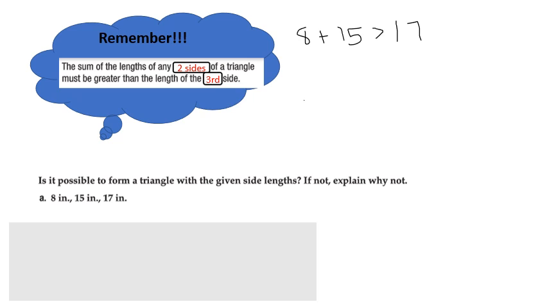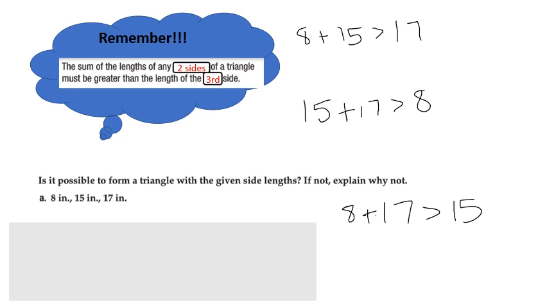Then we're going to take two more sides, 15 plus 17, and see if that's bigger than the third side. And then we're going to take 8 and 17 and see if that is bigger than the other third side.